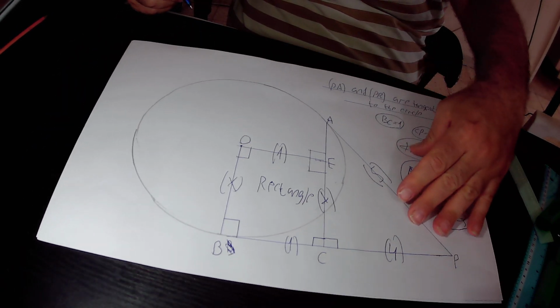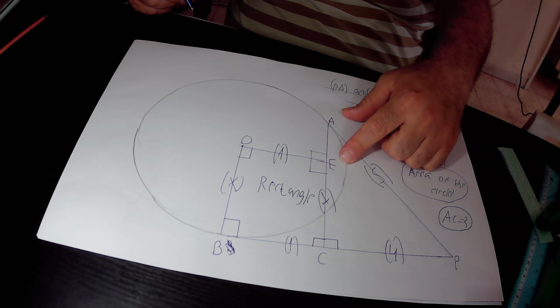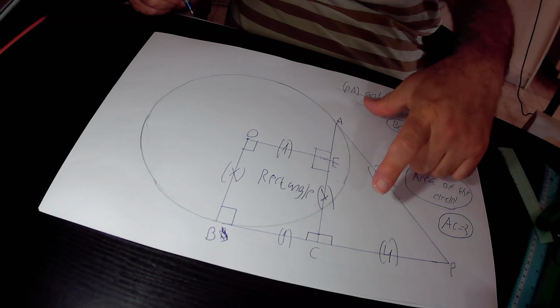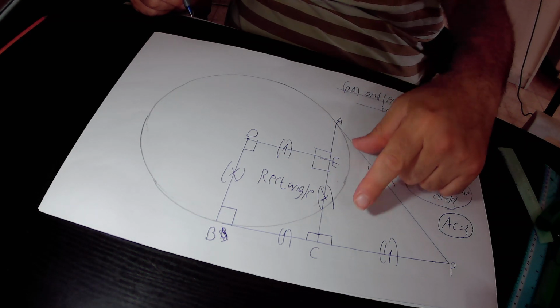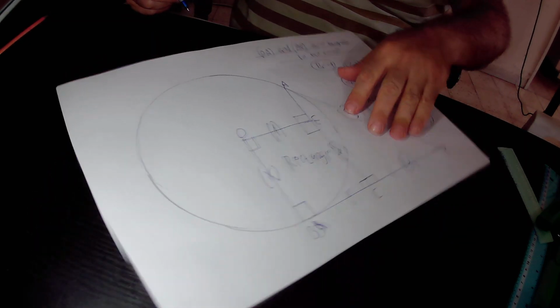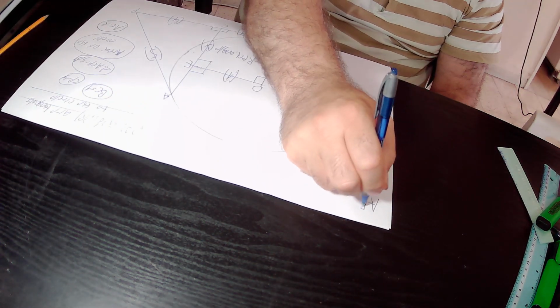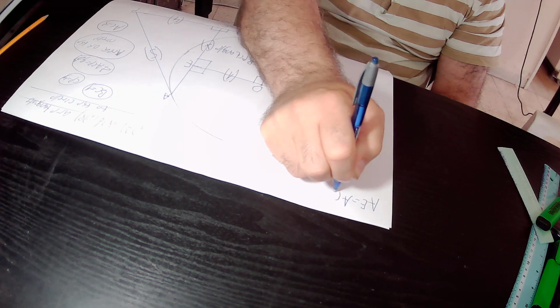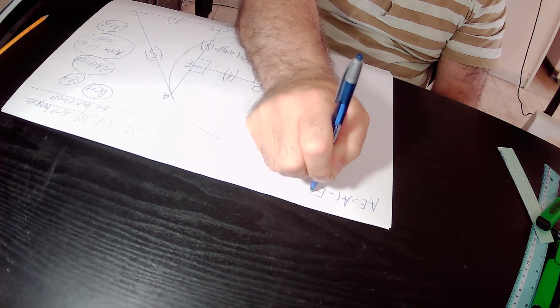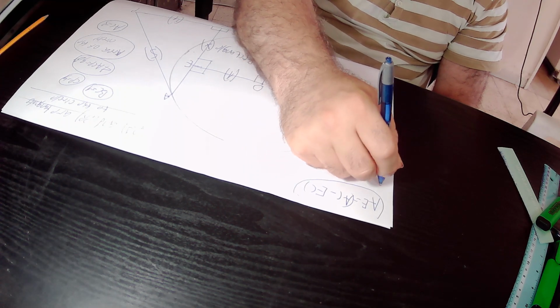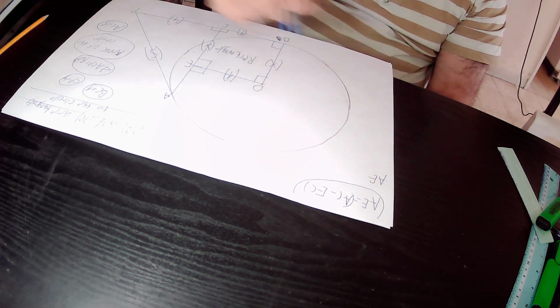What is the length of the missing line segment AE? On the drawing, it is very easy to see that AE in total equals AC minus EC. Again, AC minus EC equals AE. So I write it down. AE equals AC minus EC. So AE equals AC.